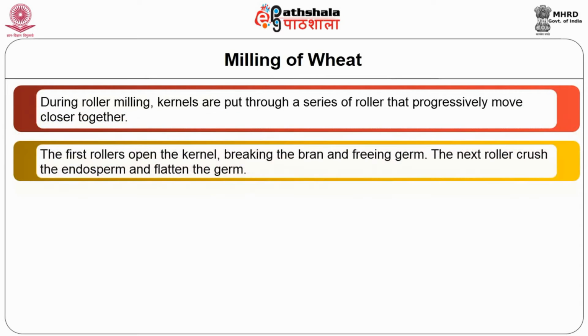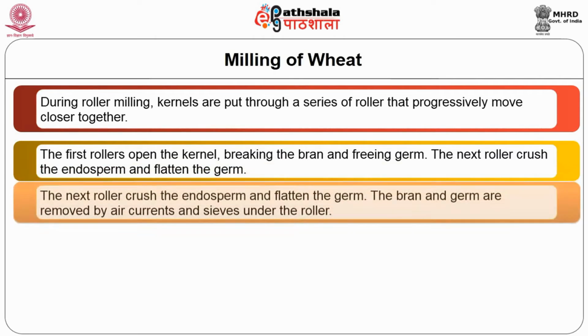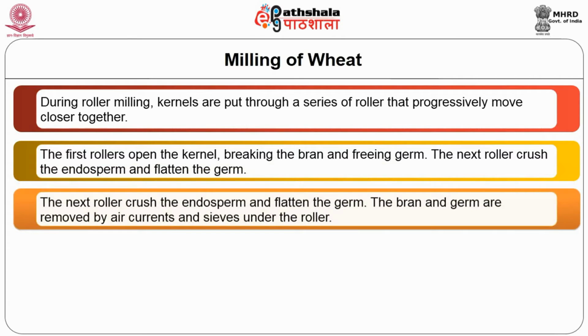The first rollers open the kernel, breaking the bran and freeing the germ. The next roller crushes the endosperm and flattens the germ. The bran and germ are removed by air currents and sieves under the rollers.